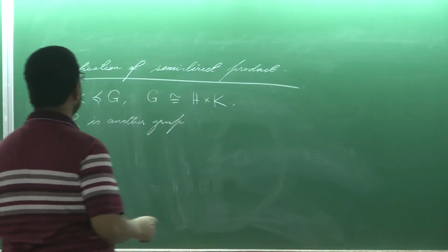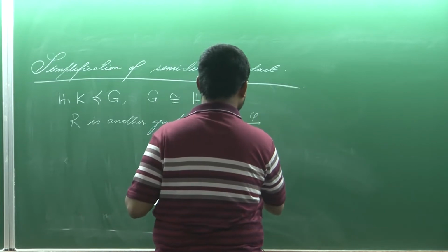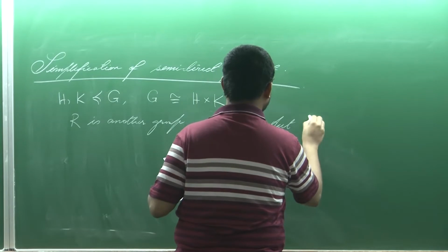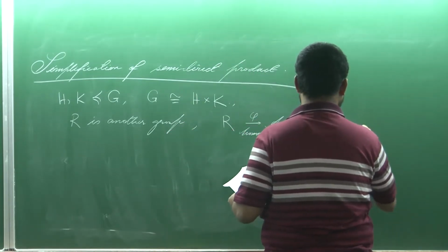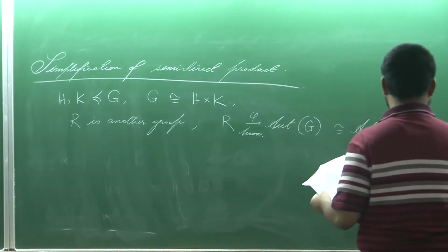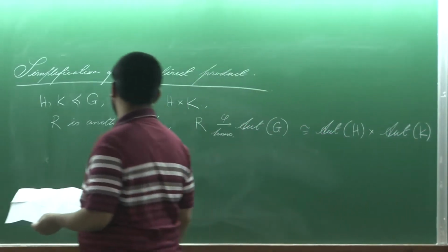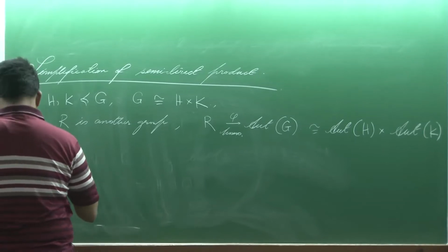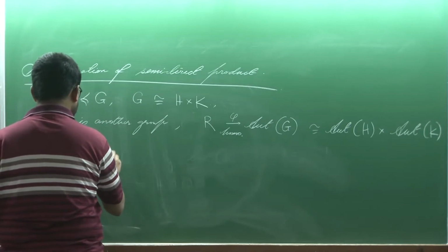Suppose we have a homomorphism from R to Aut(G). Recall that Aut(G) is nothing but Aut(H) times Aut(K), isomorphic to that. If these are given, then we want to consider the automorphism with this semidirect product.